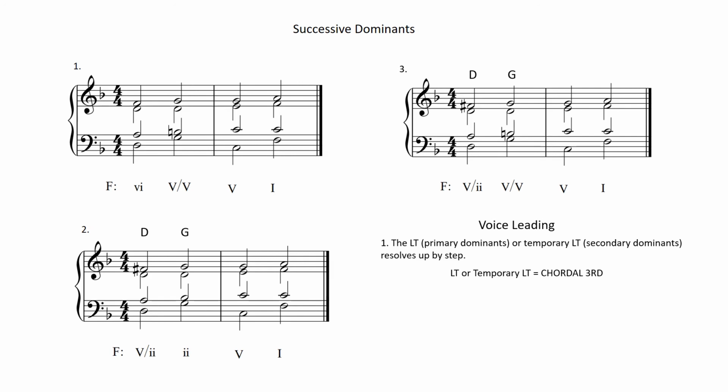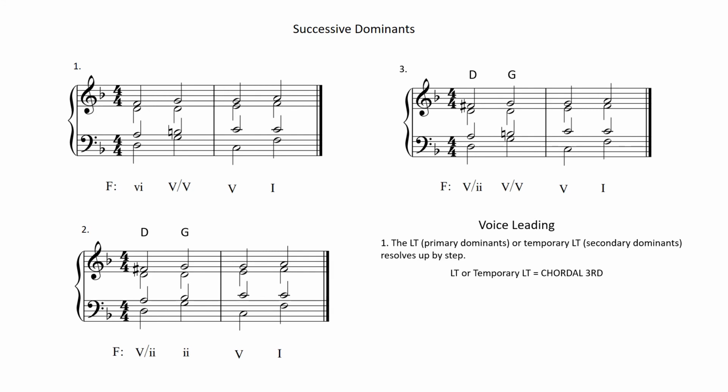Now the temporary leading tone or chordal third of the secondary dominant 5 of 2 chord is the F sharp in the soprano voice, and it's moving up by step as we would expect to G. The temporary leading tone or chordal third of the secondary dominant 5 of 5 chord is the B natural in the tenor voice, and it's also resolving up by step to C as we would expect.